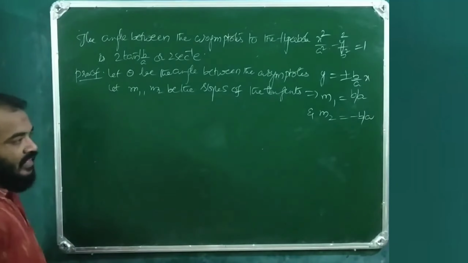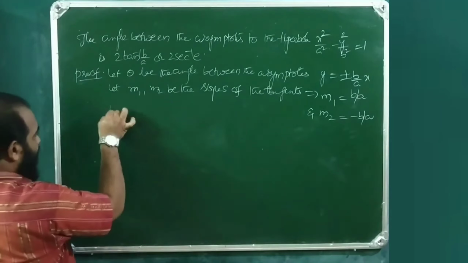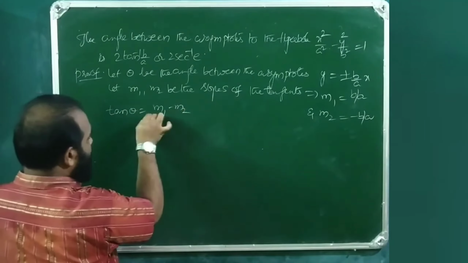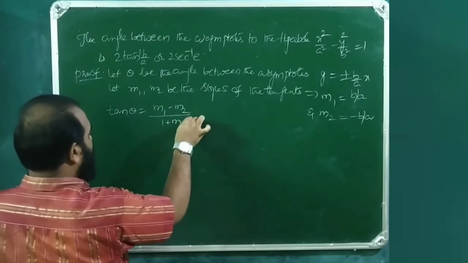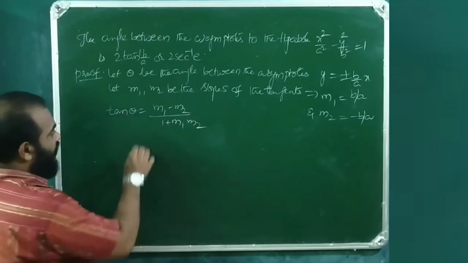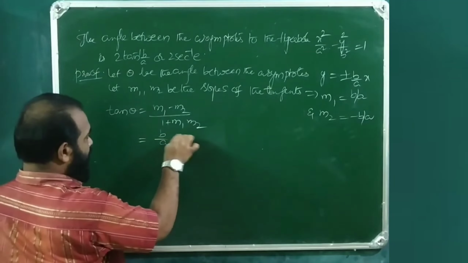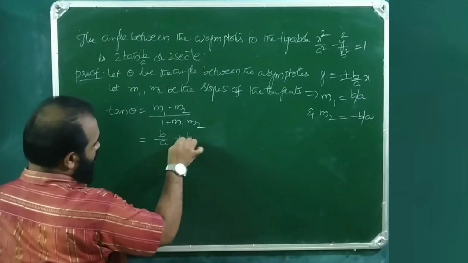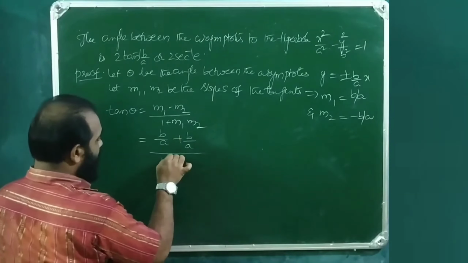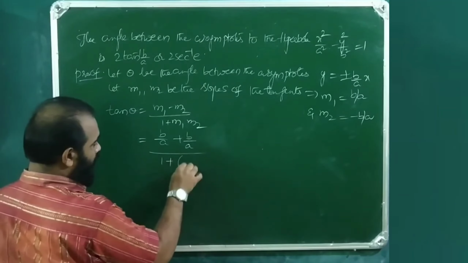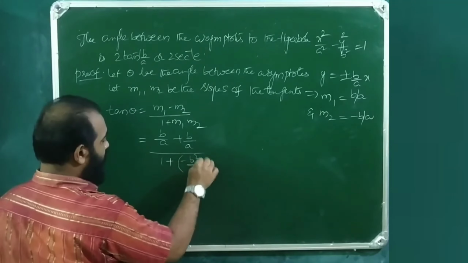So if theta is the angle, then tan theta is equals to m1 minus m2 by 1 plus m1 m2. So this is equals to b by a minus of minus b by a, by 1 plus b by a into minus b by a, so 1 minus b square by a square.